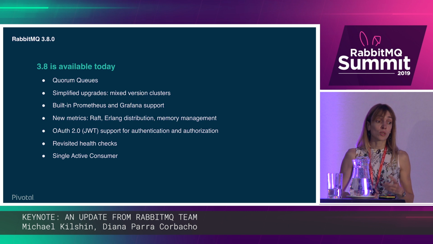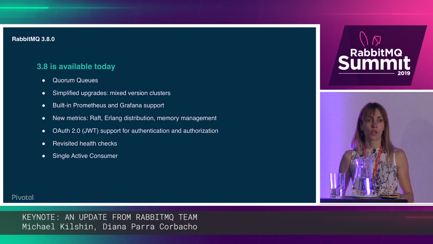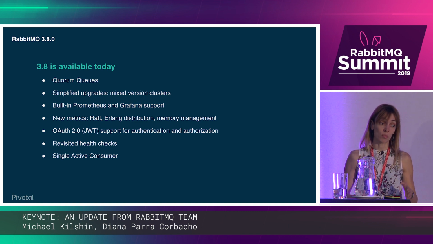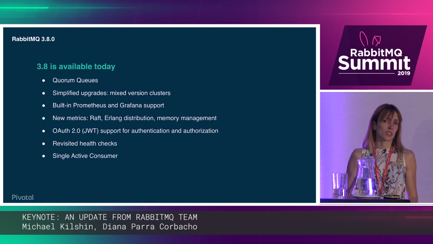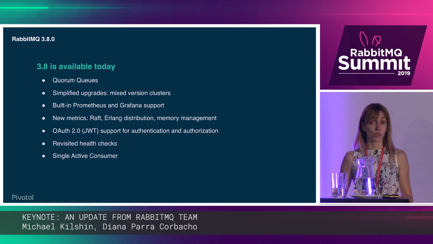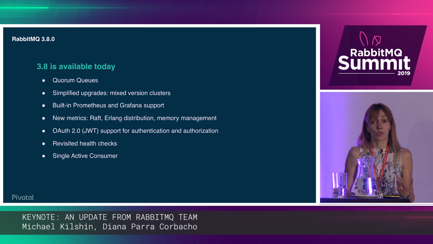It's now also possible to use OAuth 2 support for authentication and authorization, not only with the broker through the clients, but also for the management UI and API. As in every single release, basically, we have done more work on the command line tools, and now we have better and revised health checks that help you to monitor the health of the system.